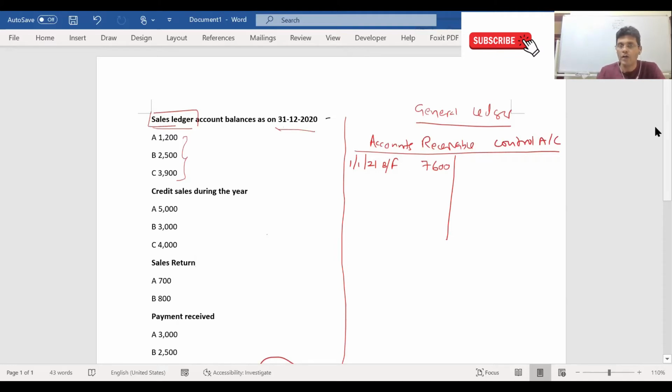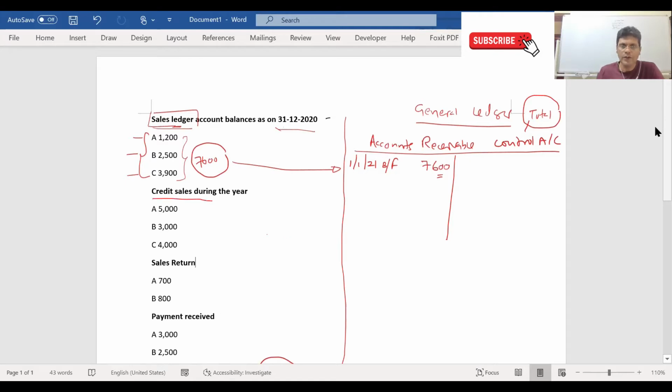I told you the accounts receivable control account means it's the total account of the customer balances. However, in the sales ledger, we maintain individual balances. Here, we have to take the total and show it as the opening balance. Very good.